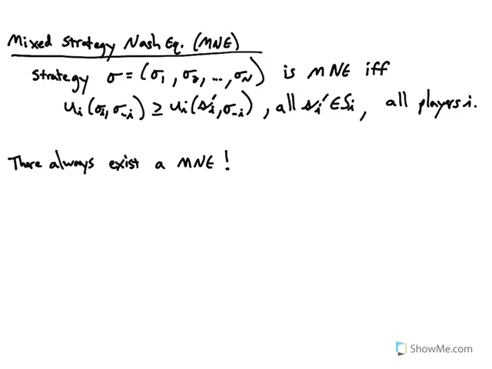If you're looking at a game like Matching Pennies, so we talked about that one in the last chapter. Matching Pennies is a game where if they both come up heads or they both come up tails, I win. And if one comes up heads and one comes up tails, you win. Okay? Well, we get to put our pennies down on the table simultaneously. In Matching Pennies, there is no pure strategy Nash equilibrium.